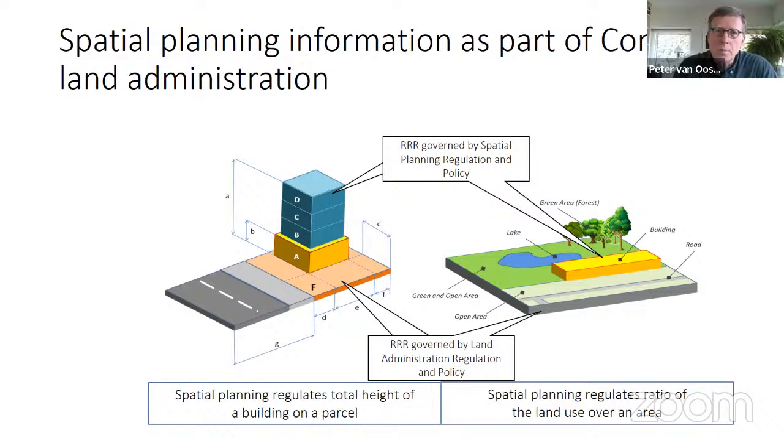Spatial planning is not something disconnected elsewhere, but really put together with the other rights and restrictions, private law, public law, also taking into account the third dimension about the elevation in the vertical direction, sometimes also horizontal distances and constraints.